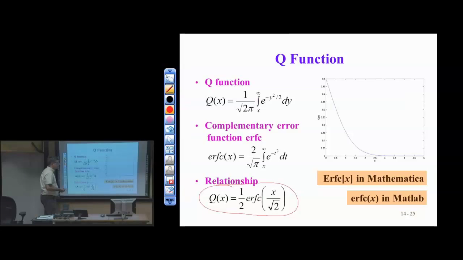So with this Q function, as x increases, the Q function drops dramatically in value. x is related to the SNR in our case. It's actually the square root of the SNR, and I'll show you that in a second. But as the SNR increases, the probability of making a mistake dramatically decreases.